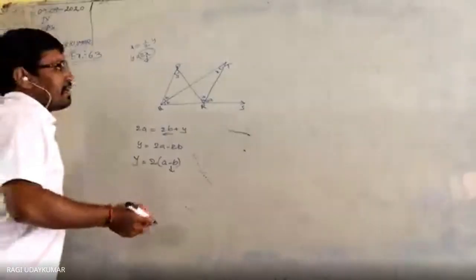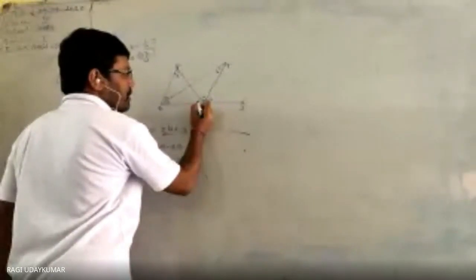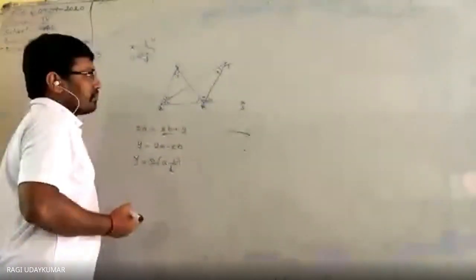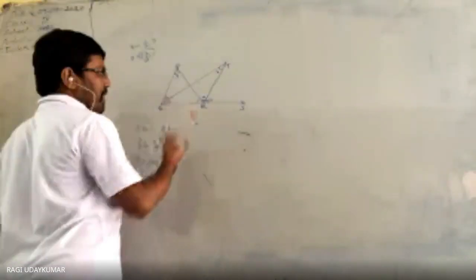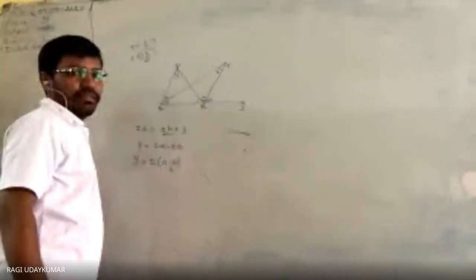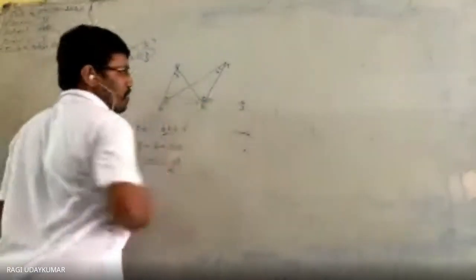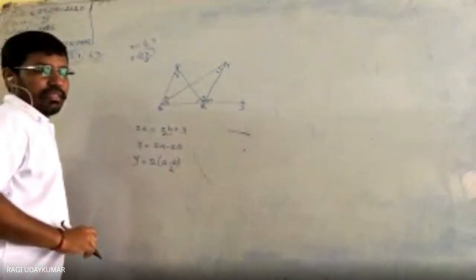If you take these triangles into consideration, so what do you get in this one? In terms of A you take. This one you take in terms of A. 180 minus 2A. This angle is 180 minus 2A. Isn't it?